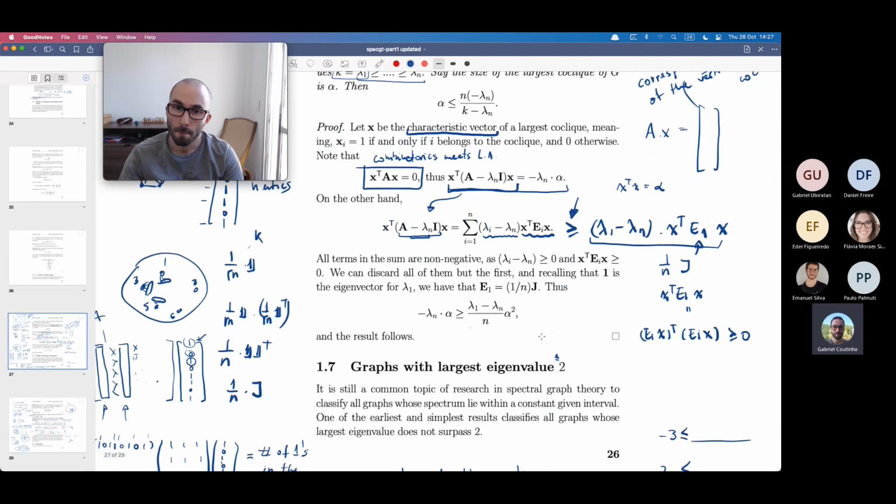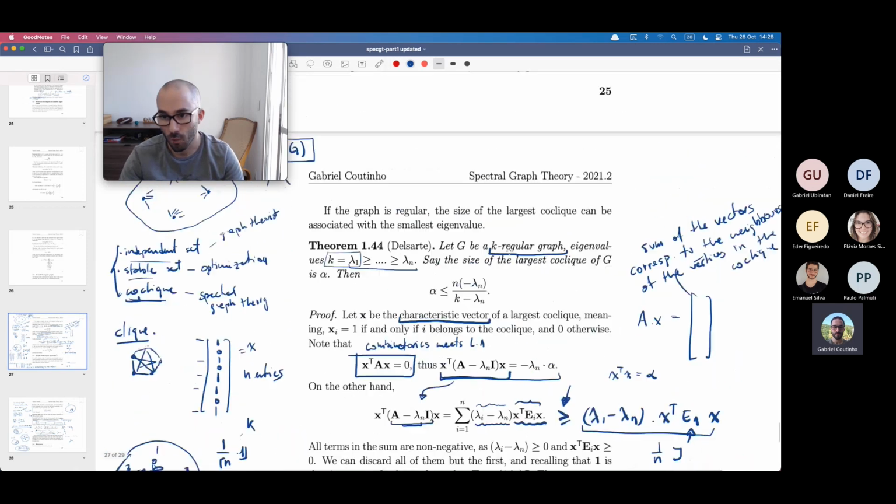I know that some of these will be 0, those corresponding to when i is equal to n, or when I'm looking at eigenvalues which are equal to the smallest, this is 0. And these things I can throw out without worrying. I'm not losing anything. When this is not 0, then I need this to be 0.